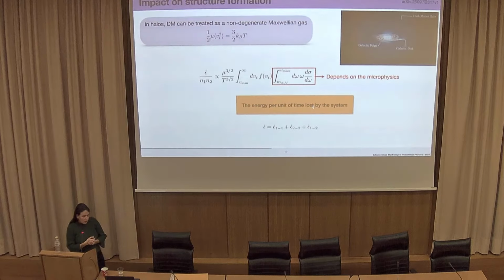And if we do so, the important observable is the so-called energy loss rate, that corresponds to the energy lost by the system per unit of time, so that completely depends on the microphysics. This dependence on the microphysics means that the universalities that we found at the level of the amplitudes and the energy differential cross-section, we are also going to find at the level of a macroscopic system.